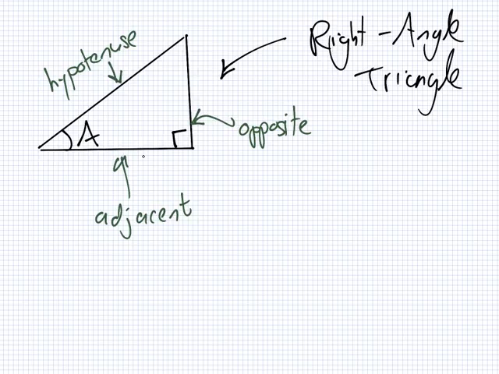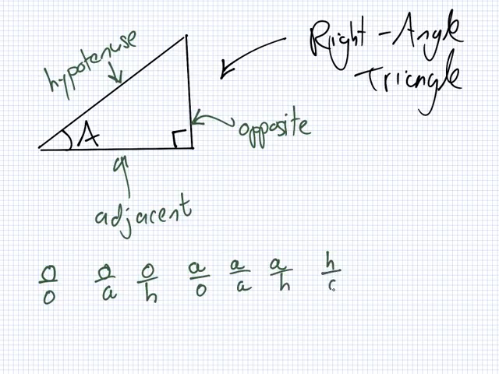So, we have these three fractions that are important to us. In total, there's actually how many comparisons you can make here? There's actually 9. You could look at opposite over opposite, but of course that's silly because that's always 1. Opposite over adjacent, opposite over hypotenuse, adjacent over opposite, adjacent over adjacent, adjacent over hypotenuse, hypotenuse over opposite, hypotenuse over adjacent, hypotenuse over hypotenuse.